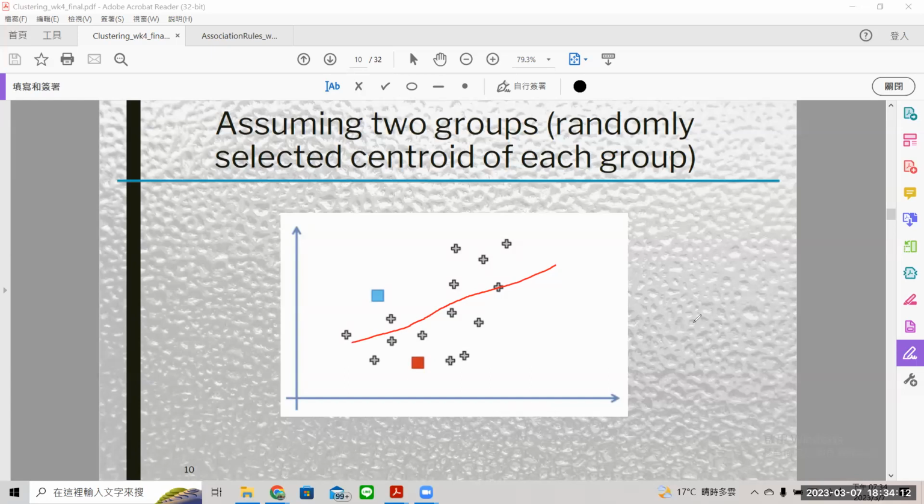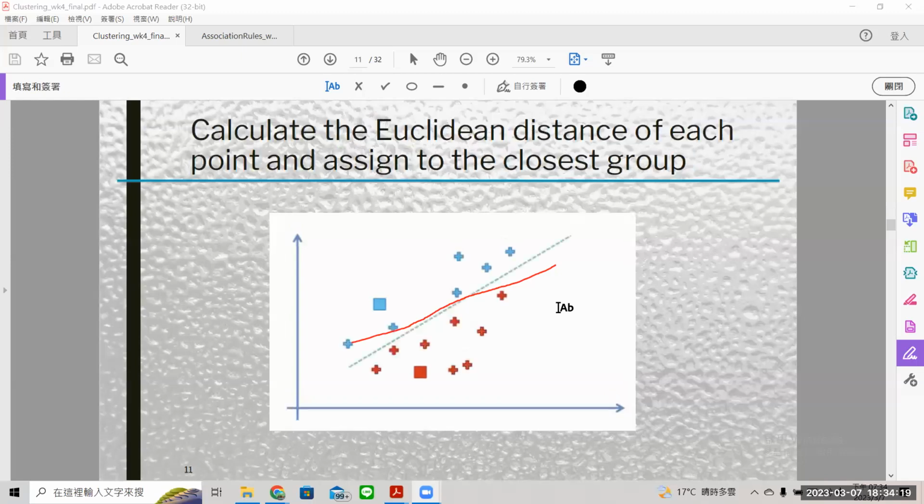Okay, so the first step is just like this. And after that, the second step. Now we calculate the Euclidean distance of each point and assign it to the closest group.